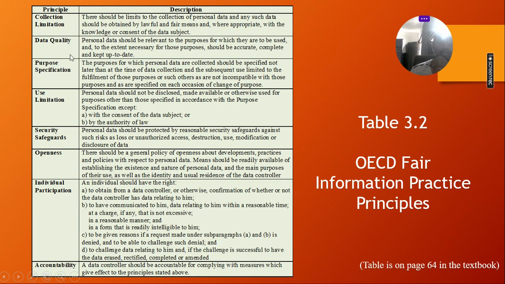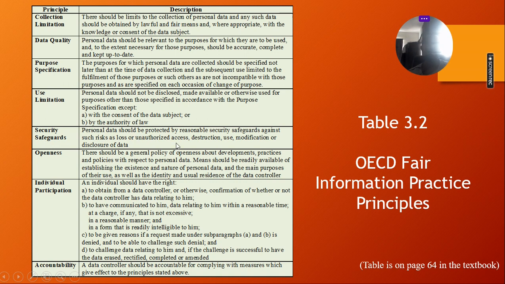Now you have collection limitation, the extent that you can go to in collecting people's information; the data quality, for what purpose you are collecting and how it is relevant to the reasons why you are collecting the data from people; the purpose specification, why are you collecting, what are they going to be used for. All of this they formulated in their regulation. Use limitation, where you can use, how you can use, what subject matter, the authority, the law, how you comply, the specification, the standard that you have to follow.